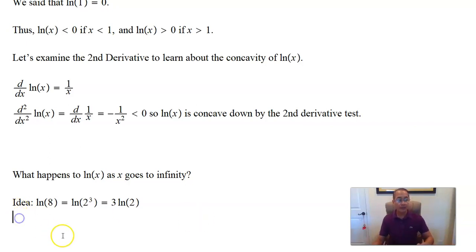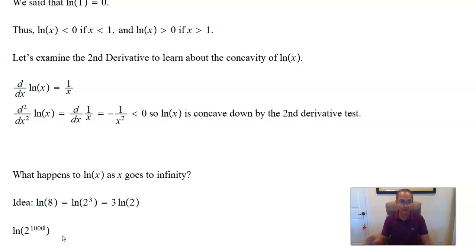Now, what if we made that 8 bigger? Instead of 2 to the third power, we did 2 to the 1000. That just got a lot bigger. 2 to the 10th power is already 1,024, something like that. 2 to the 1,000, that's an enormous number.